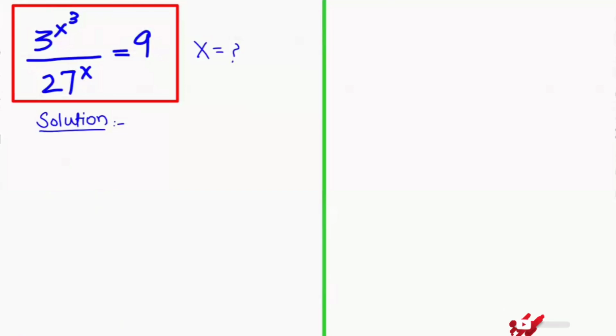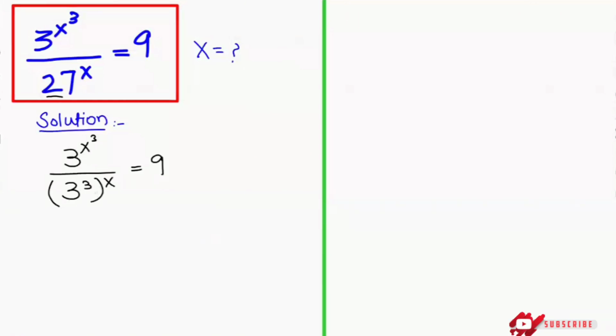In the first step, I am going to write this 27 in the form of a power. 3 to the power of x cubed over, this 27 I will write as 3 to the power of 3, and the whole to the power of x, is equal to 9.